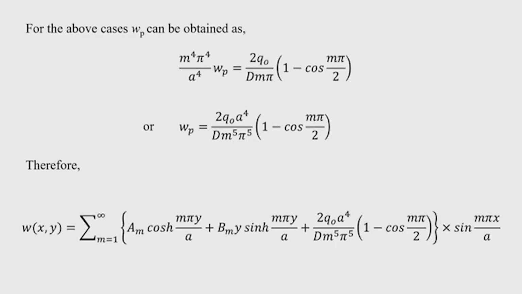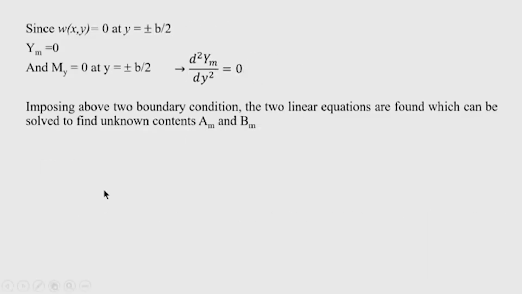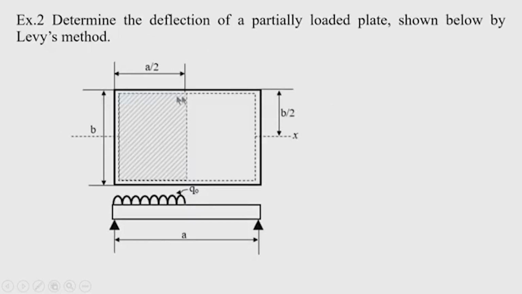Now, let us come to another problem, because the boundaries are taken as simply supported condition. So, two conditions have to be imposed, one is your deflection condition and another is curvature condition in this problem.